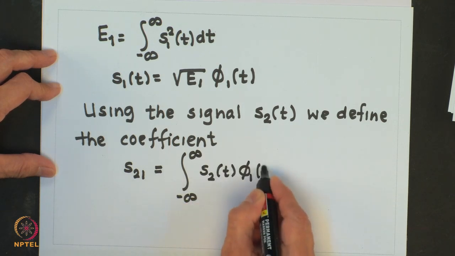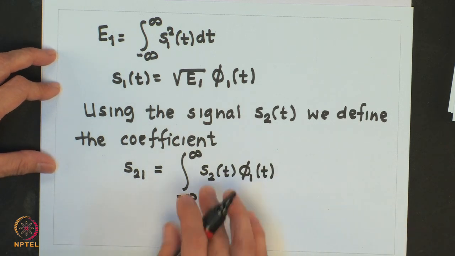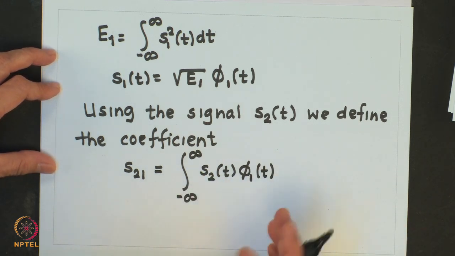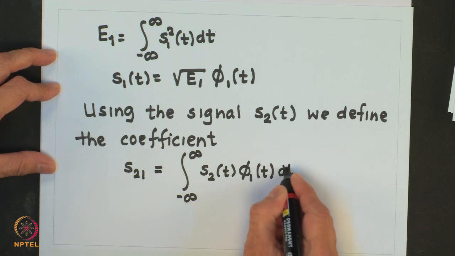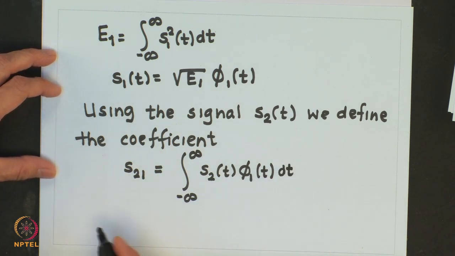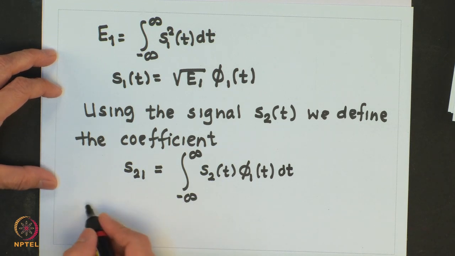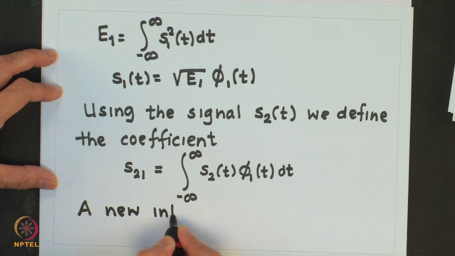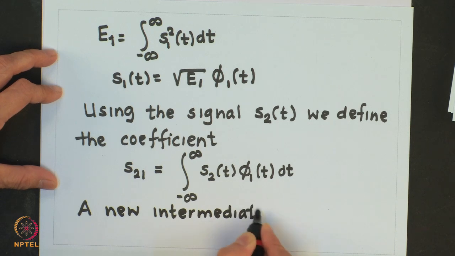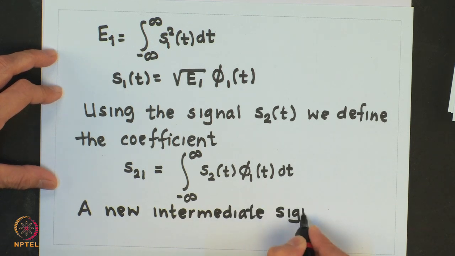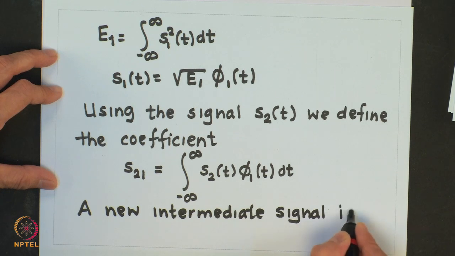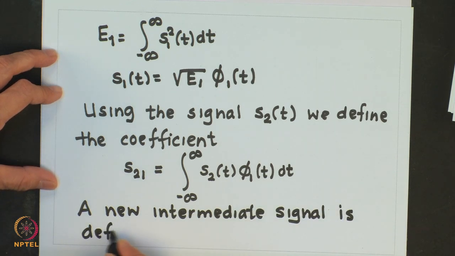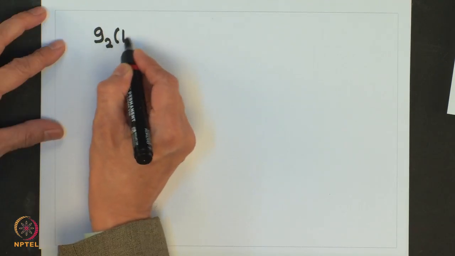So, what we are saying is that we are trying to find the linear combination of s2(t) in terms of phi 1(t) such that the energy in the error is minimized. Then I will get a new intermediate signal which we define as g2(t).